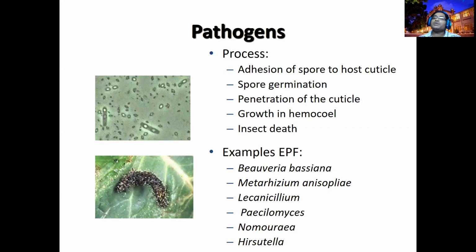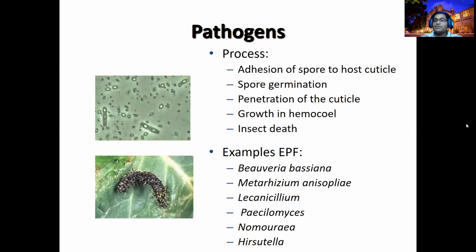Once it has penetrated, the mycelia grow and invade inside the insect body, and absorb all the digestive content inside the insect body. Finally the insect will die due to starvation and also the toxin produced by this fungi.